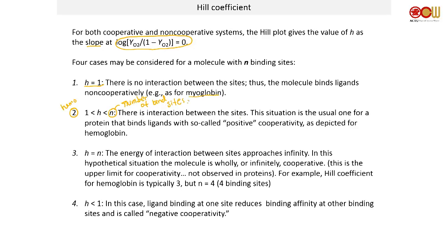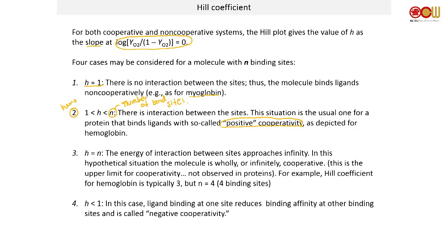If your Hill coefficient is larger than 1, this is the usual situation for a protein that binds ligand with so-called positive cooperativity, meaning that the binding of ligands will increase the affinity for other substrates of this protein. So the binding of a substrate increases the affinity of this protein.